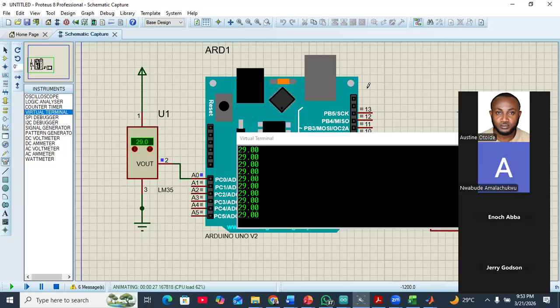If your reference instrument is reading 29 and you are getting 29.05, you fine-tune your software to get the exact value so that your instrument will be accurate. Okay, that's that. Is there any other concern?